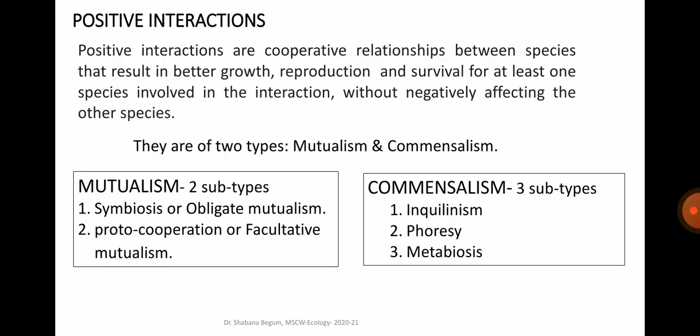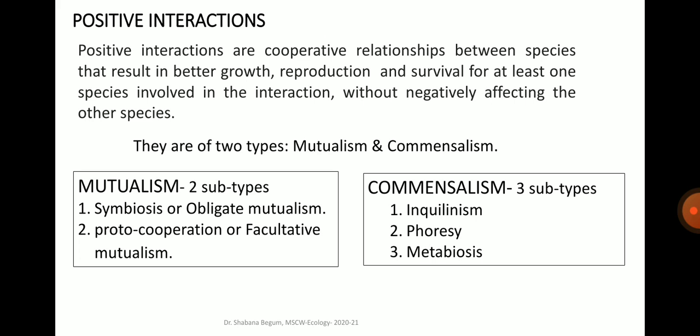Once again, you say the positive interactions are cooperative relationships between species that result in better growth, reproduction, and survival for at least one species involved in the interaction without negatively affecting the other species. The positive interactions are of two types, mutualism and commensalism.